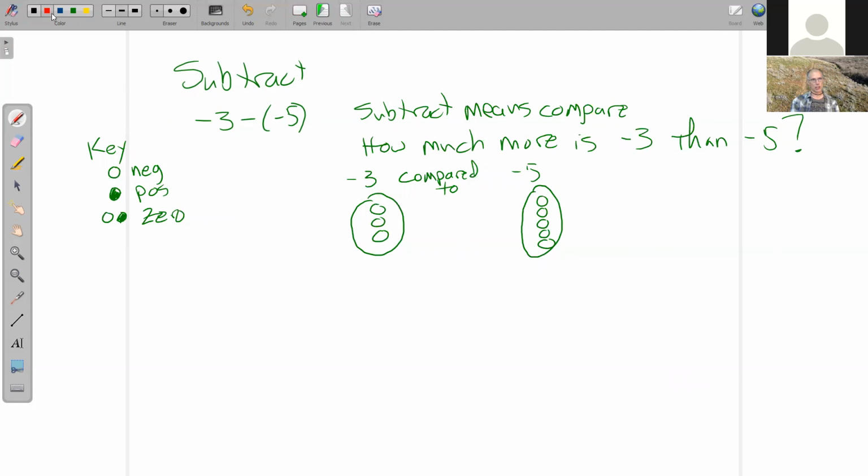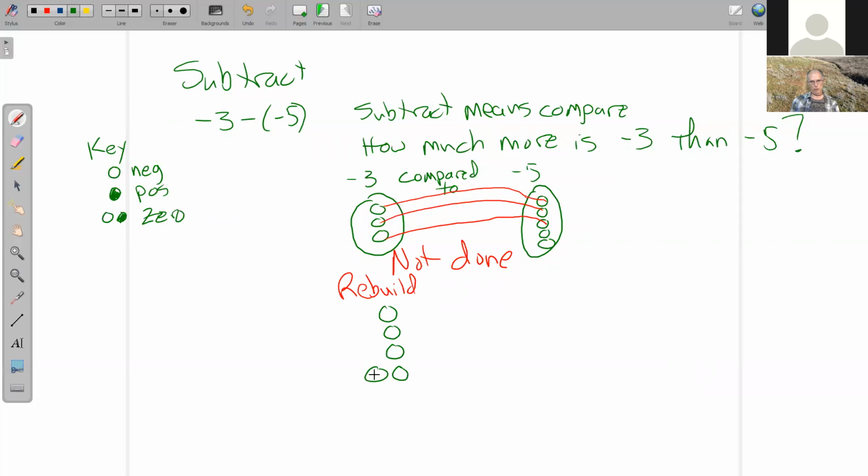So when I start matching up with the second set, I'm okay at first. But then I ran out and I haven't fully compared with -5, so I'm not done. So then what I'm going to do is I'm going to rebuild the -3. So 1, 2, 3, and then I'll throw in some zeros. So this is still -3 in this set here.